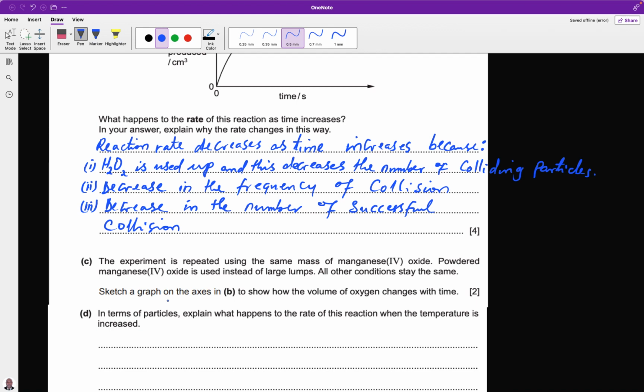Remember, the surface area has a role to play in the rate of a reaction. So reducing it into a powdered form will increase the surface area, and when there is an increase in the surface area, there is going to be an increase in the rate of reaction.